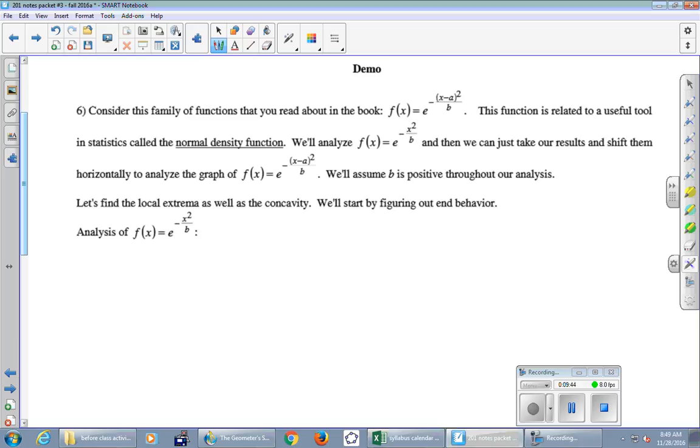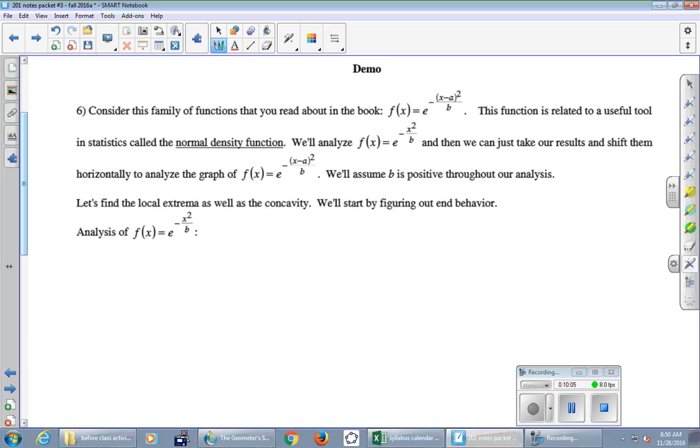This function is related to a useful tool in statistics called the normal density function. We're going to analyze that same exact function but without the a. And if we can figure out what happens when you replace x with x minus a, what does that do to the graph of a function?